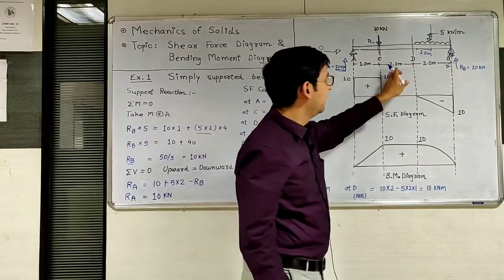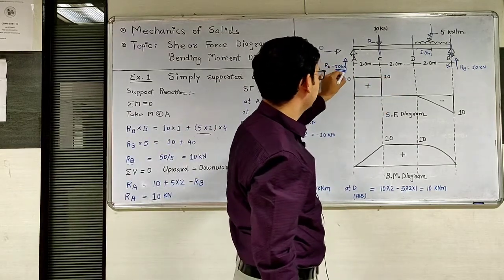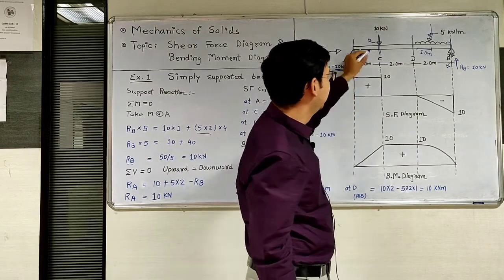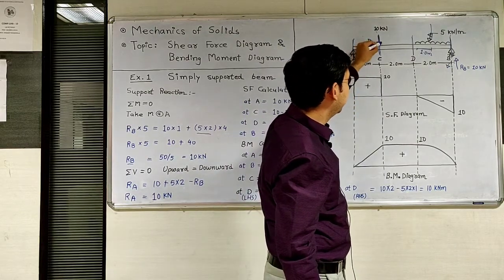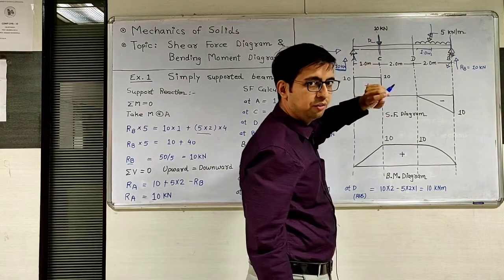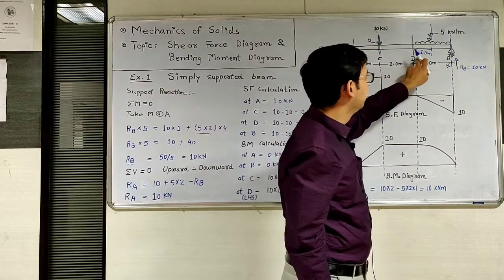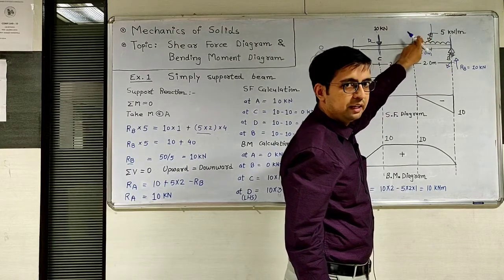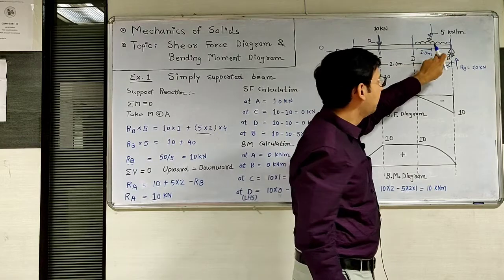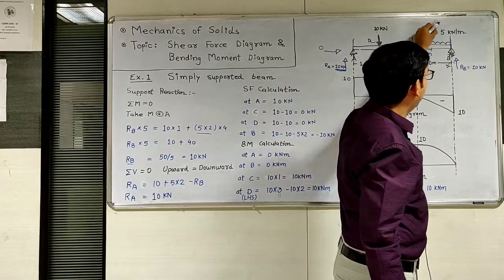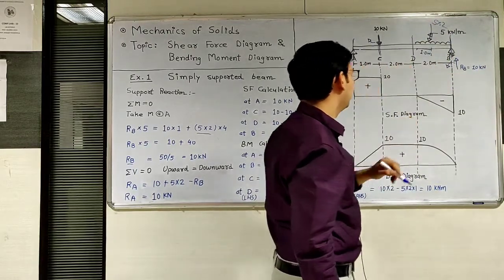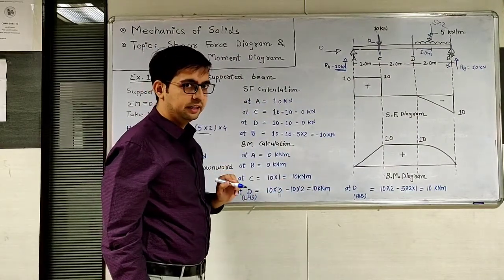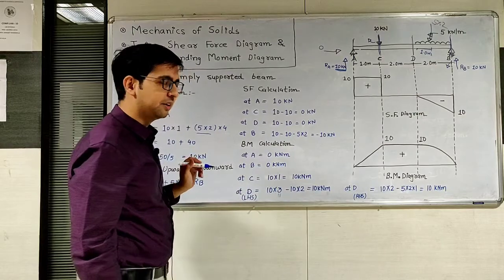On the left hand side, first is the 10 kilonewton support reaction, then at C point there is a 10 kilonewton downward force, and in the D to B portion there is a UDL. UDL is converted into a point load by multiplying with the span of the UDL. Upward is considered positive and downward is considered negative, as I said in the prerequisites.